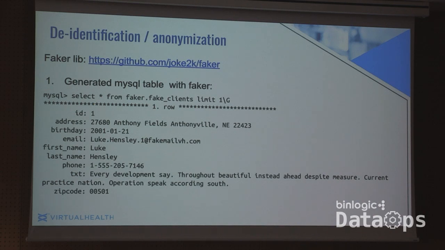So for our clients table, what I do is I create a new table, a clients de-identified table, and then I do a mapping by this ID. And then I change the real first name to Luke, and last name to Hensley, and phone number, and fake address, and birthday, and social security number, and all that stuff.